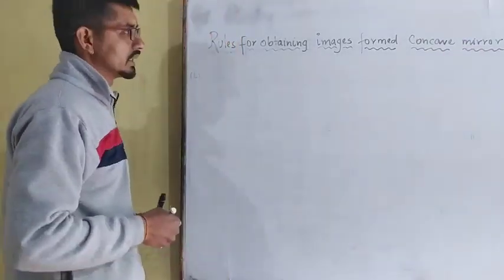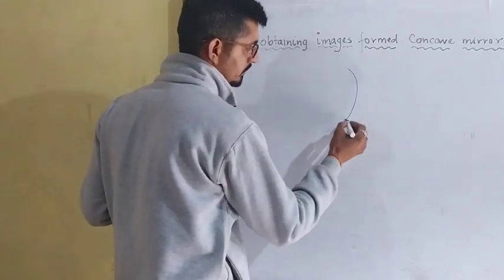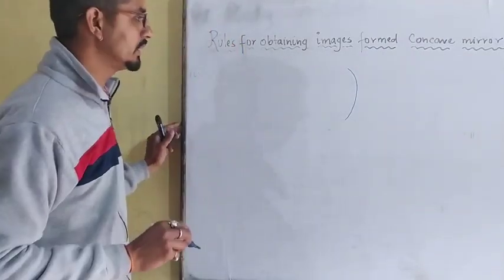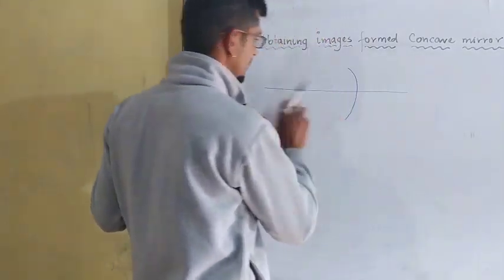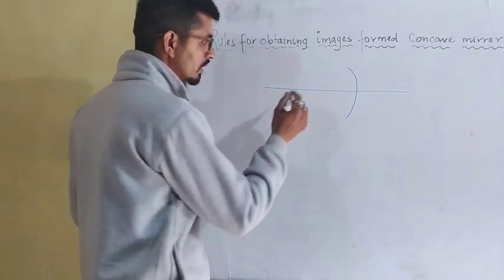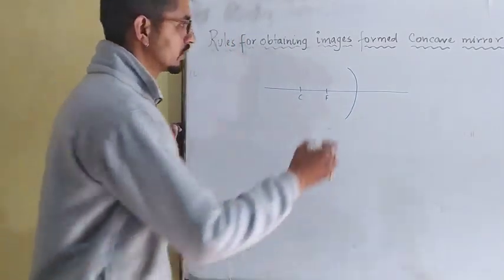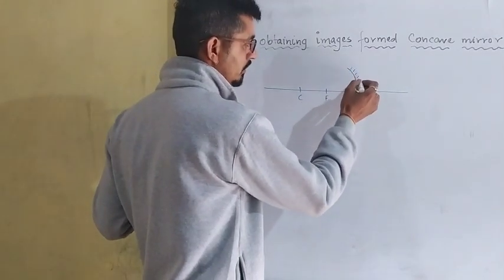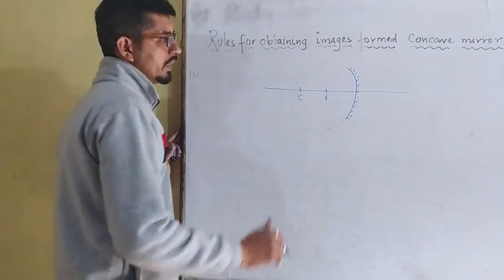Okay, the first is, let's suppose this is a concave mirror. What happens? If this is the principal axis, this is the center of curvature, this is the focus, this is the reflecting surface, this is the polished surface. Okay, so what happens?